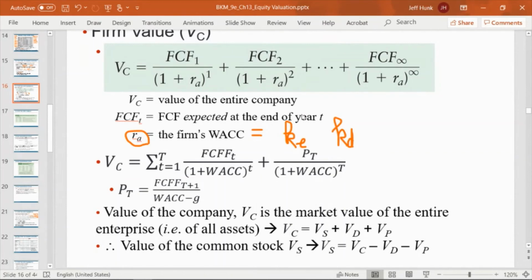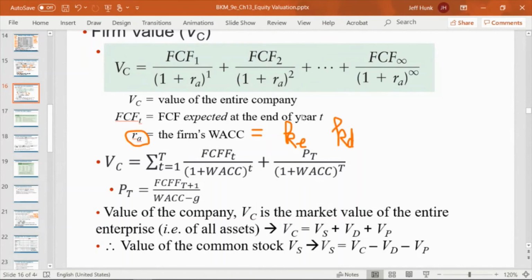So you can say that the contribution of equity is 60% and the contribution of debt is 40% into this fruit. But where did that 60% and 40% come from?